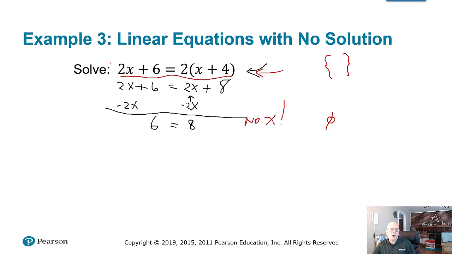So if you do all the right steps on the equation, and you end up with something that cannot possibly be true, then your solution set is the empty set. There are no solutions.